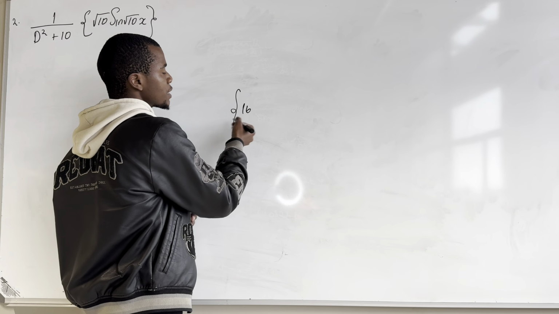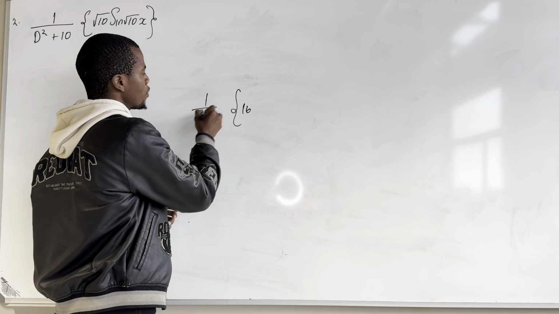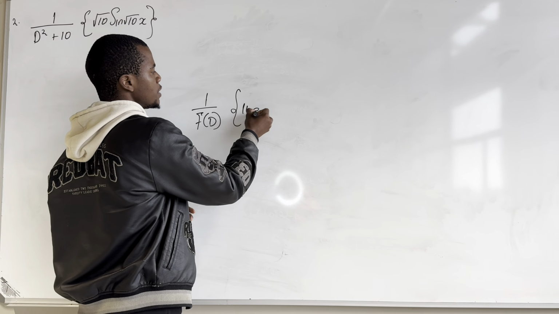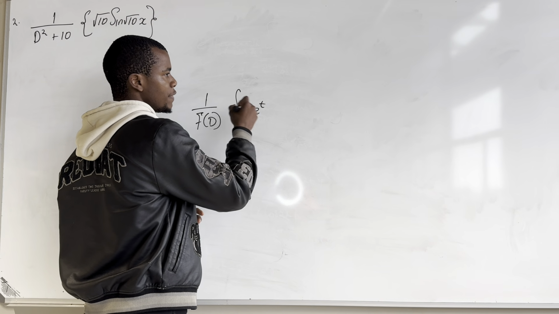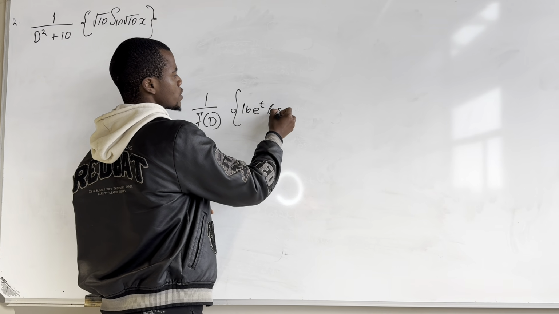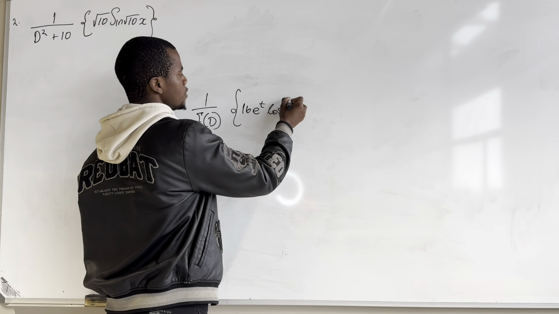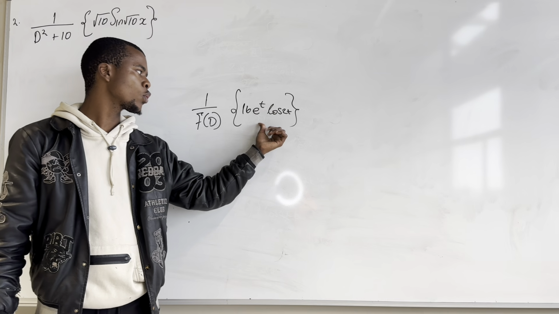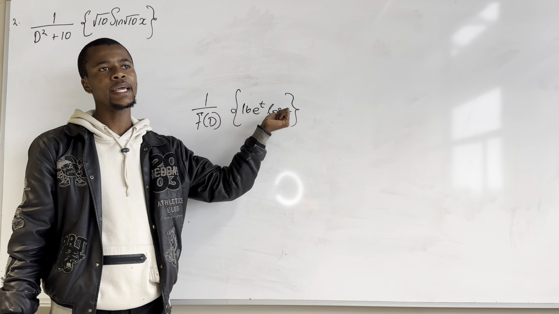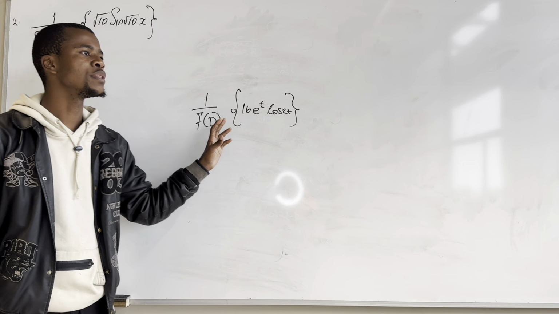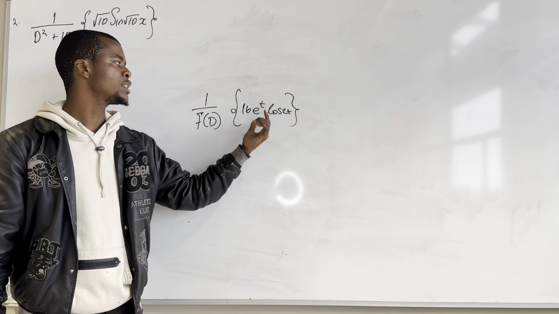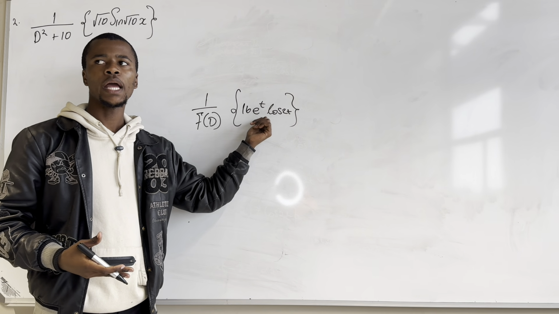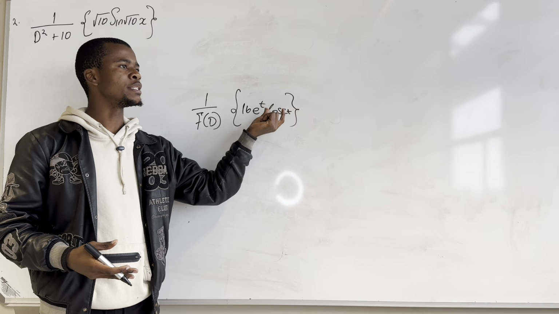We had 1 over a function of D, reacted to 16, and then e to the power of t, and then also cos 2t. So there is a cos, but there is also e to the power of at. In this case, there is a theorem 2 that we need to do first, and then there is a cos.